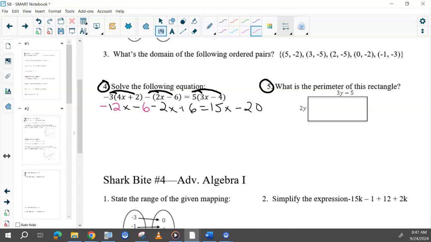Combine like terms on the same side, so do exactly what it says. We can combine the negative 12x and the negative 2x and the negative 6 and the plus 6. The negative 12x minus 2x would be negative 14x. Negative 6 plus 6 is 0, so I don't need to put anything there.